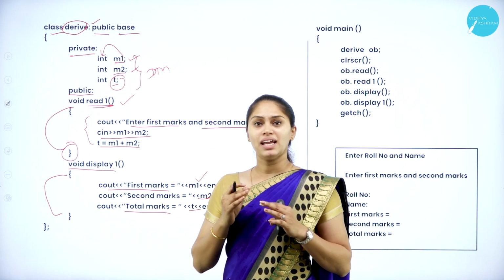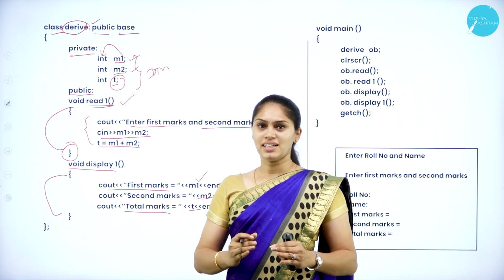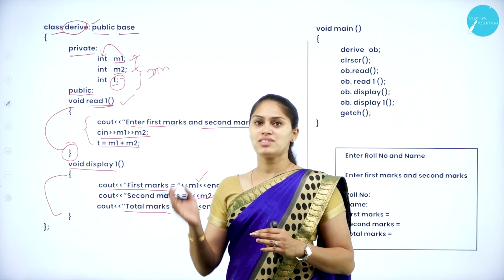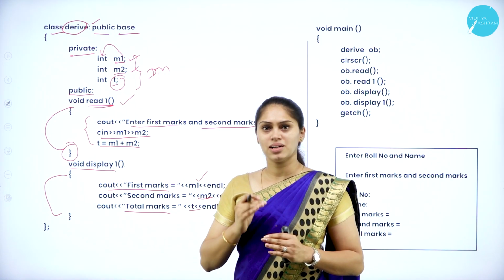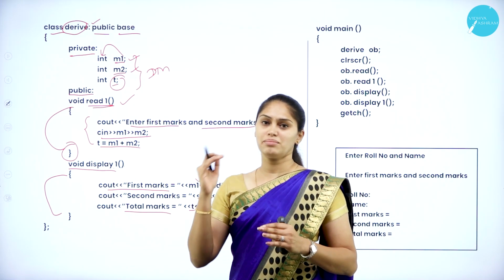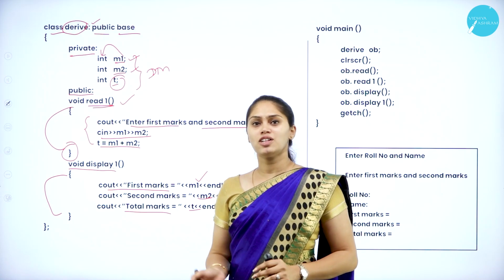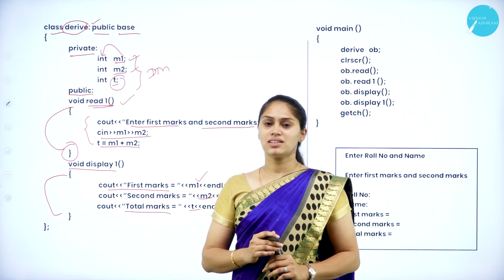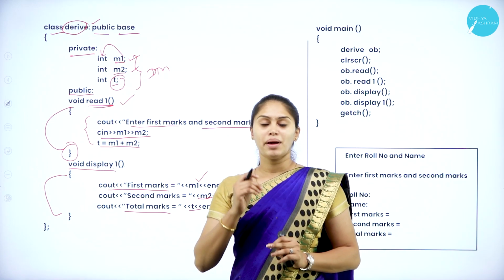But if I am inheriting the features from the base class to the derived class, at that time this derived class can also have the copy of that base class, that is, the read and display member functions will also become members of this derived class. And this derived class can also have its own data types. That means it can also have its own data members as well as member functions.